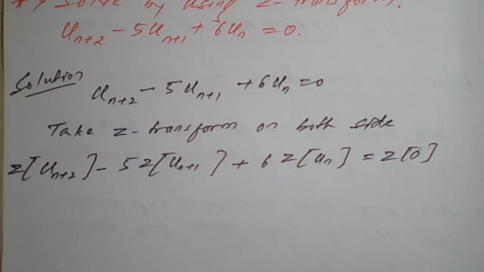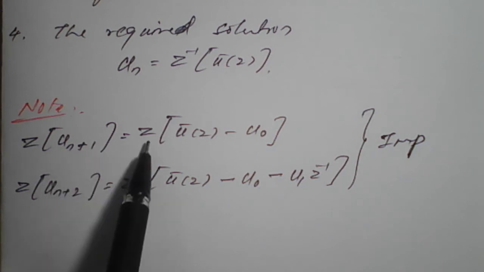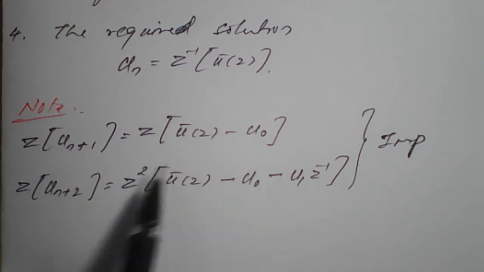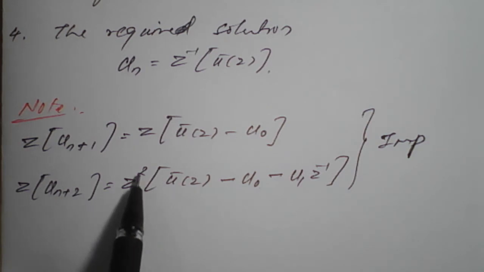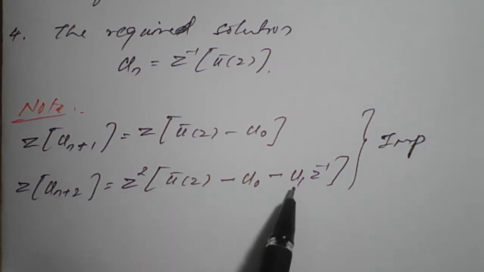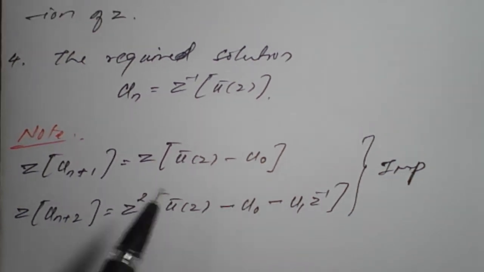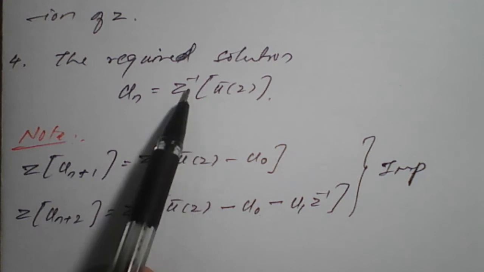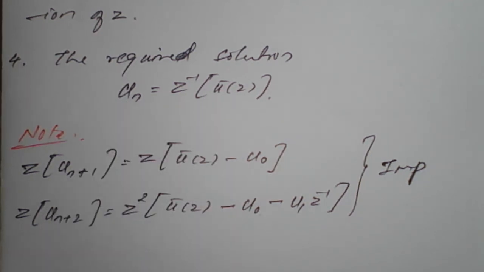So I will go back here, note. So Z transform of u n plus 1 is nothing but Z into u dash of Z minus u naught, and Z transform of u of n plus 2 is nothing but Z square into u dash of Z minus u naught minus u1 of Z raised to minus 1, and also Z transform of Z inverse of u dash of Z is nothing but un.